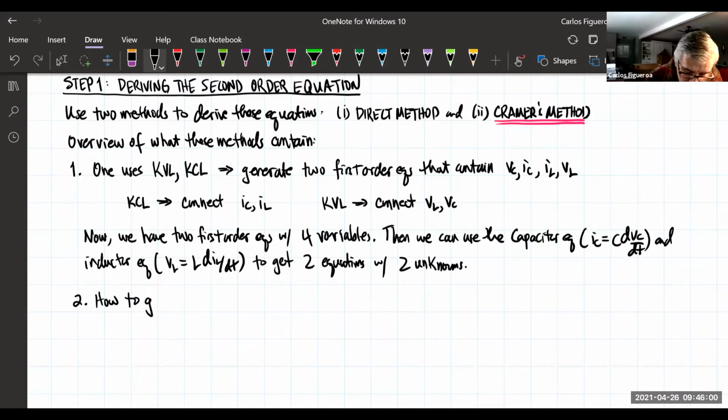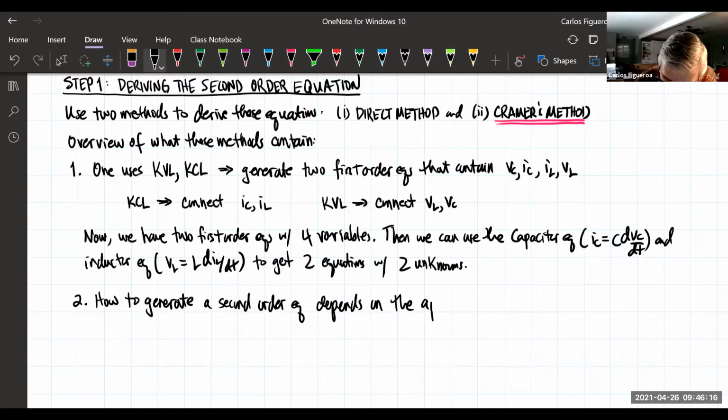Then here comes the second piece. How to generate a second order equation depends on the approach.